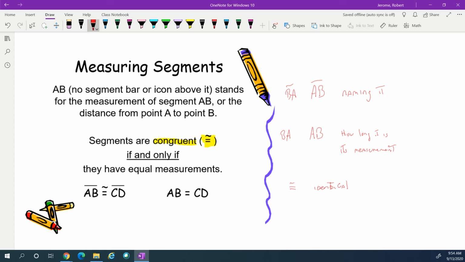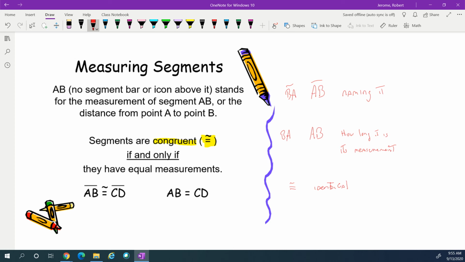Now, segments can't be equal. Their measurements are equal. Triangles cannot be equal. However, the measurements of their sides and angles can be. Triangles can be congruent, meaning identical. They are exact copies. Segments can be congruent. So a figure can be congruent, which means all of its measurements, all of its numerical values are equal to each other.